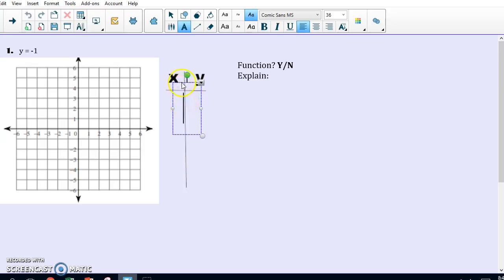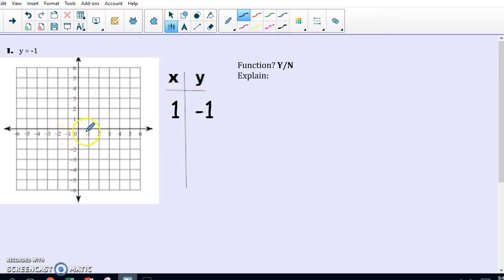So for example, if I have the x value of 1, I know my y value is going to be -1. So the point I could plot there would be (1, -1). So I would go on my x-axis over 1 and then down 1 and put my first point.